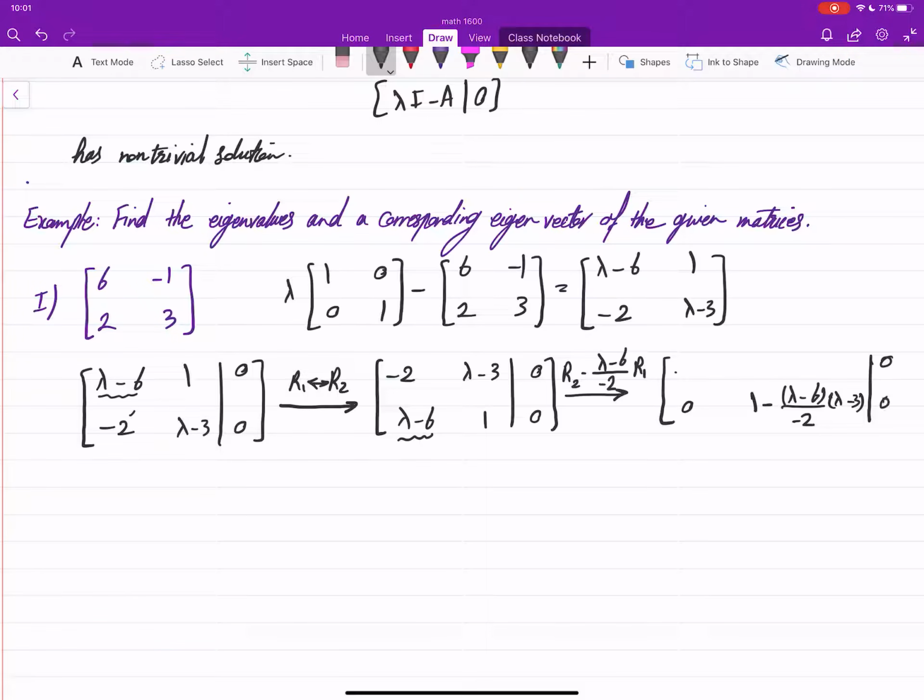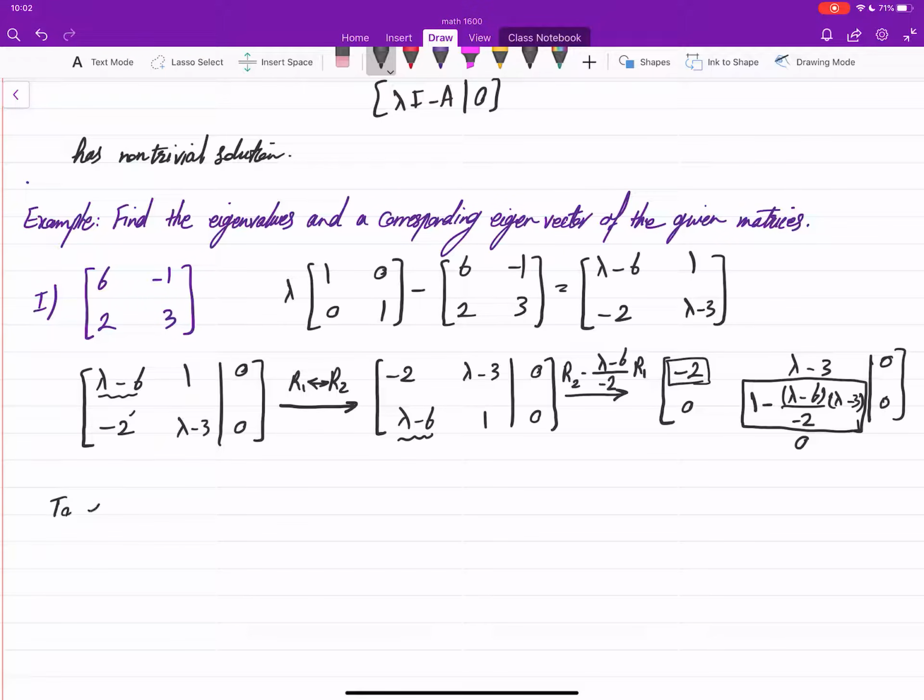While on the right hand side everything is 0, the first row stays the same. Okay, this is row reduction, yes? Now the first leading entry is in place. We want to have a non-trivial solution. That means that we are not allowed to have any other leading entry. It means that this entry needs to be equal to 0.